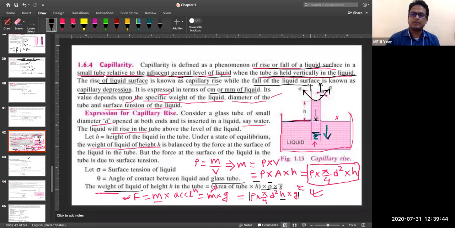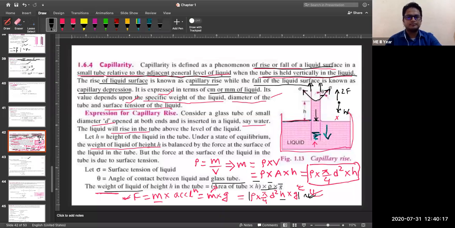If I write a simple diagram, suppose this is your fluid element, the weight will be acting in the downward direction, and these two forces will add up. This will be your surface tension force, 2 times F, and this is the weight that we have calculated here. So for equilibrium, this W must equal 2 times F.